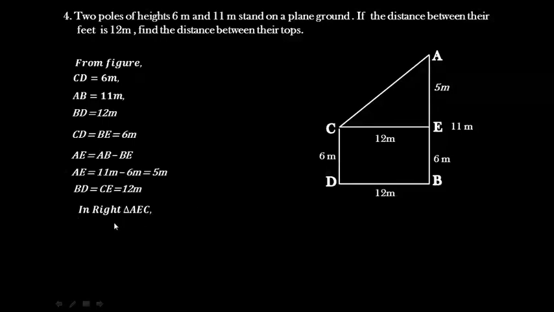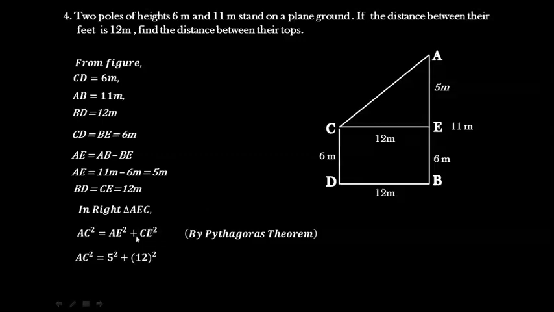Now in right triangle AEC, AC square is equal to AE square plus CE square by the Pythagoras theorem. That means hypotenuse square is equal to perpendicular square plus base square. Now let's put the values. We need to calculate the value of AC.